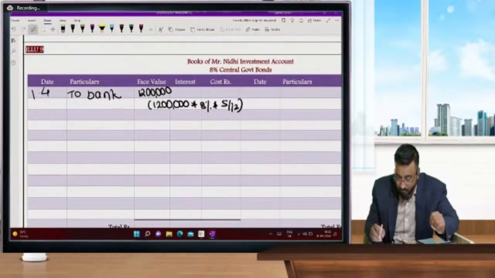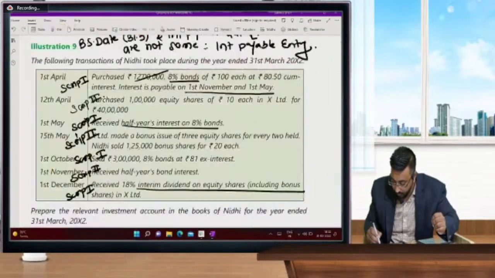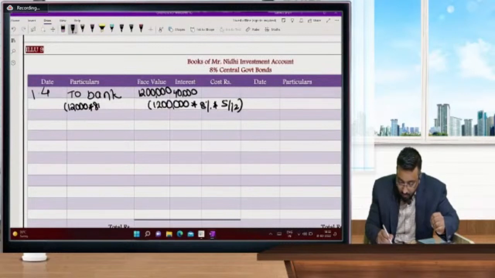Haan, tell me the calculation part. 40,000. Now how many debentures are there? 12,000 into 80.5 cum interest. Should I deduct interest from this?